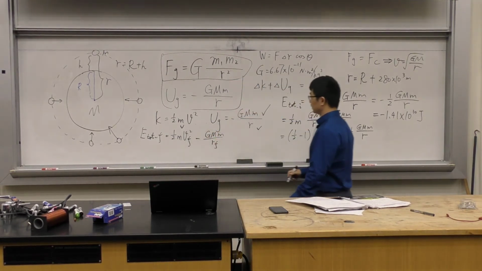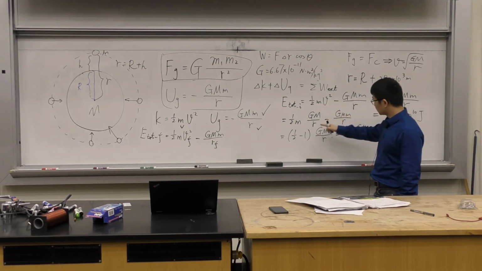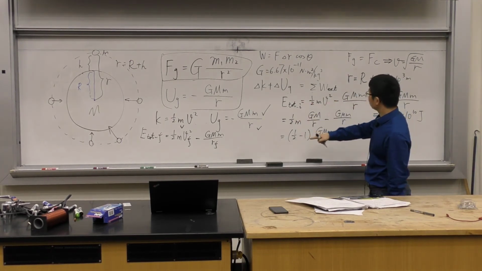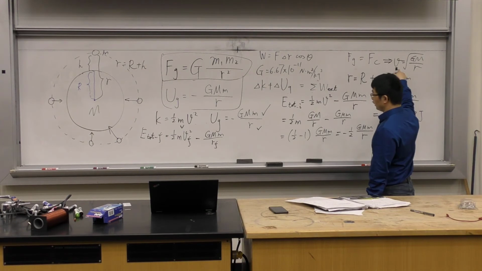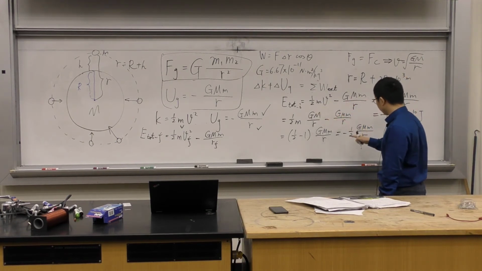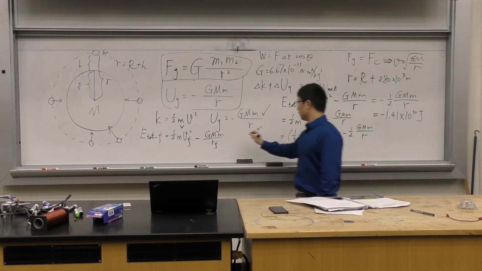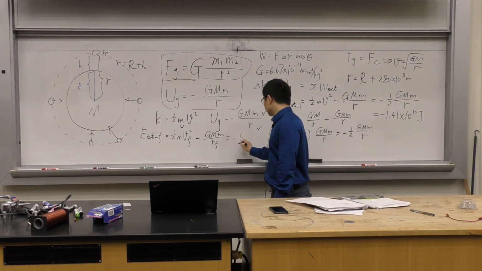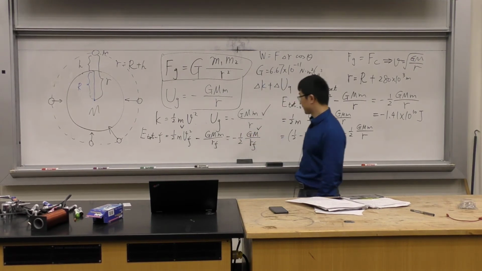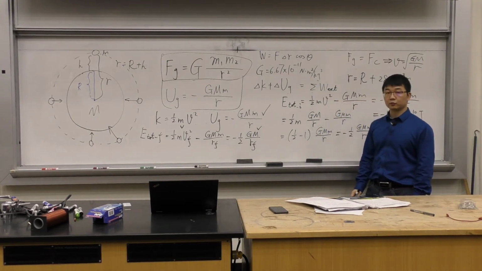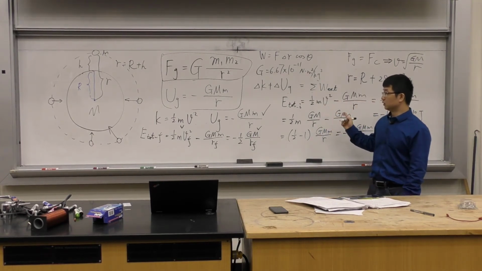And again, as I said, because v of a satellite is always calculated this way, you can repeat this, and then you will find a very simple expression for the final kinetic energy, which is the same as the initial total energy, right?